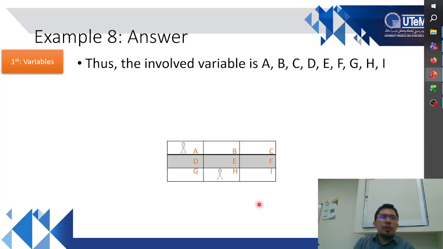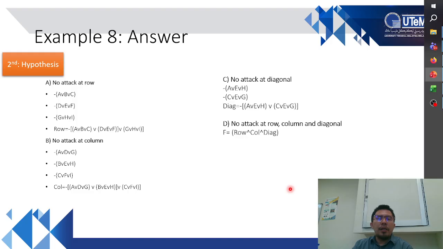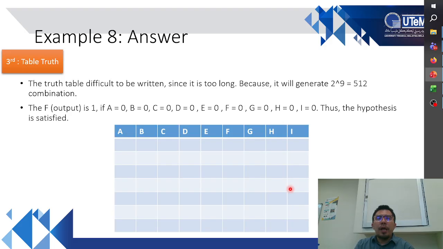So what are the variables involved? Basically there are 9 variables involved: A B C D E F G H I. Second, what is the hypothesis? No attack at row, no attack at column, no attack at diagonal, no attack at row, column and diagonal. So we combine all of these and then come up with the truth table.